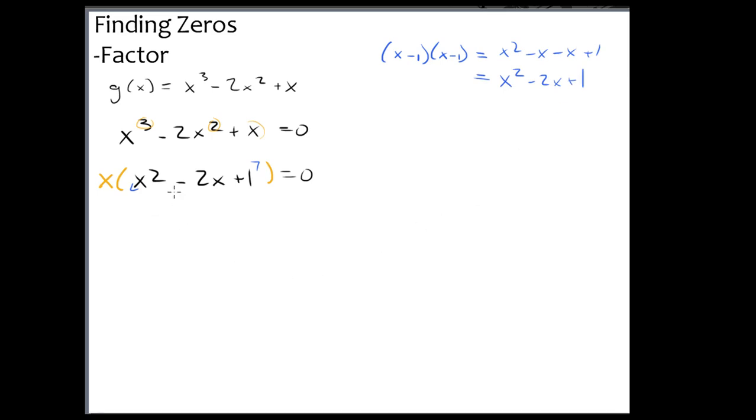Okay then, so I guess that means that this is x times the quantity x minus 1 squared is equal to 0. Now, from this right here, we're going to get that x needs to be 0. And then from this right here, we're going to get that x has to be equal to 1. So what are our roots? x is equal to 0 or 1. And we'd call this a repeated root.